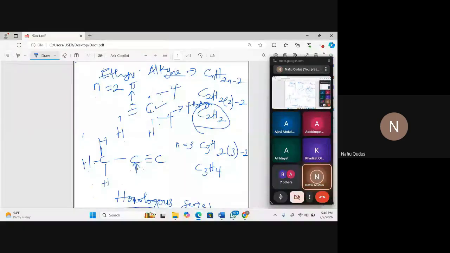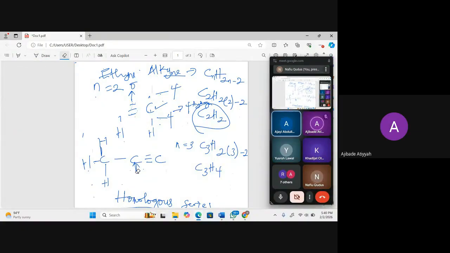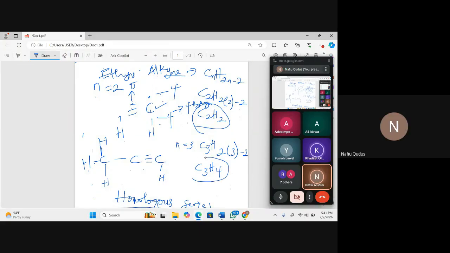The bonds that surround this carbon itself are 4, so we do not need to add any. What of this last carbon? It has 3 bonds, so we need to add 1 hydrogen here. When you count the total number of hydrogens, 1, 2, 3, 4, making 4. So that's why we have C3H4.